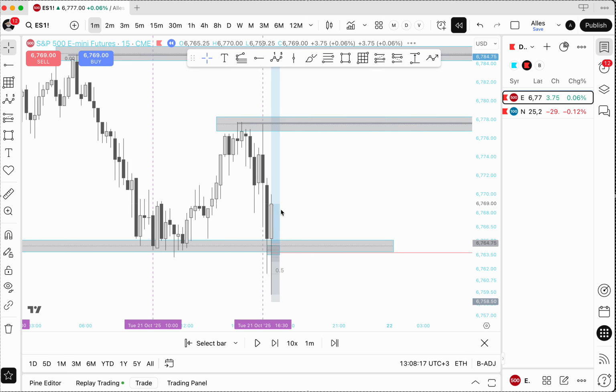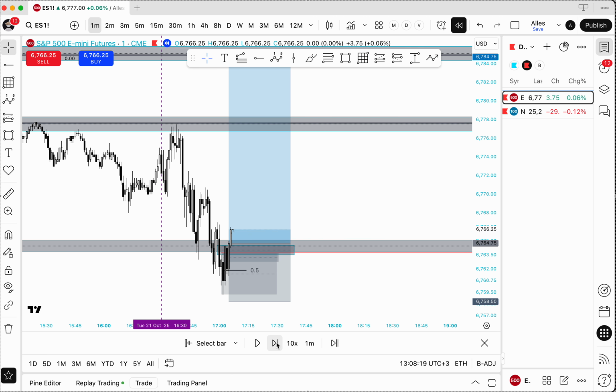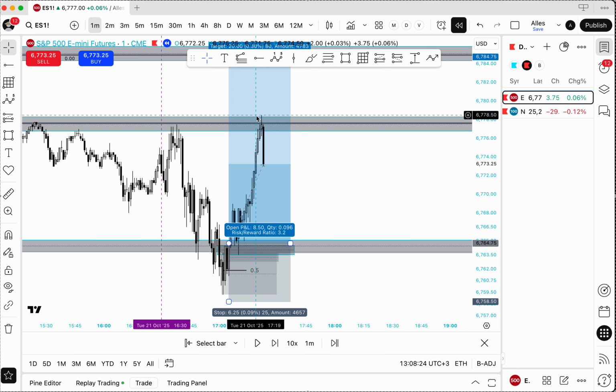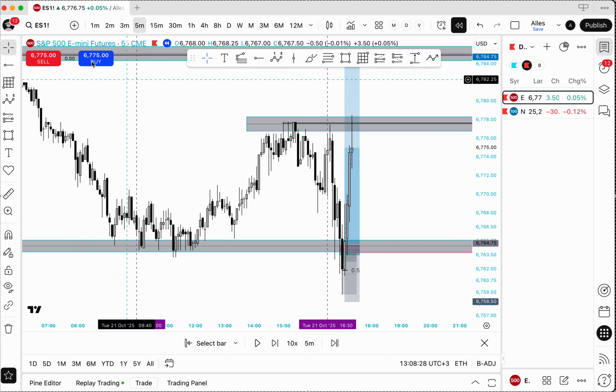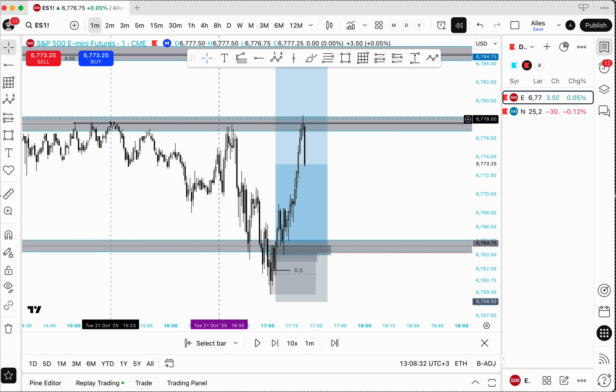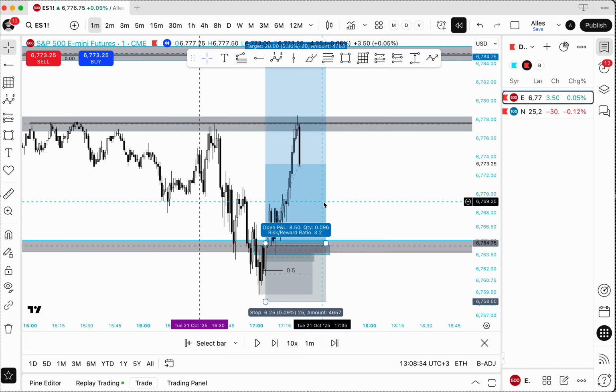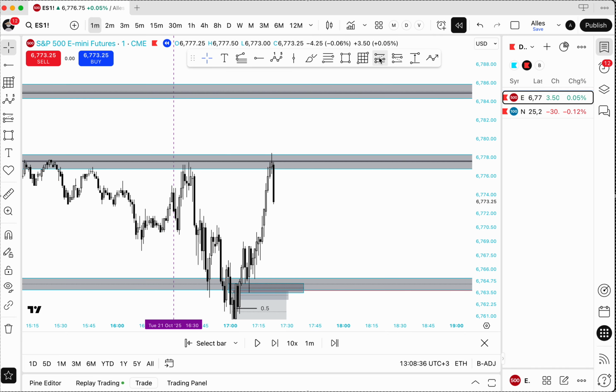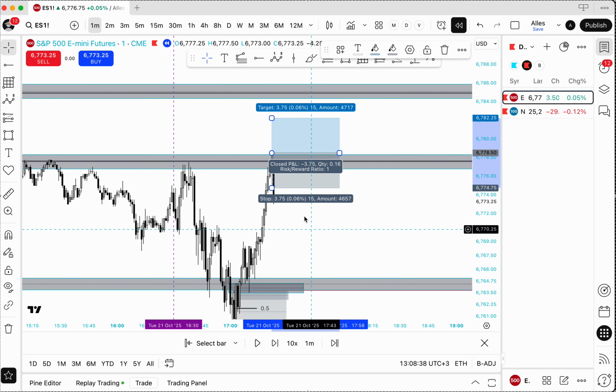So what happens? We can go down and we can see. We go up to seek out the London highs. So here we actually went above this little resistance here. Retail traders, they are ready again to long here, because we went up over this resistance here.